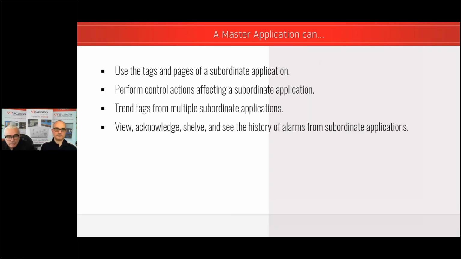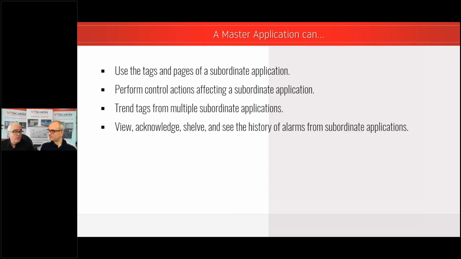So let's get right into it. First of all, a master application can use and has visibility into the tags and pages of a subordinate application. So if you have a master application, it can navigate into the tag structure using our tag browser of the tags in the subordinate application. It can perform some control actions affecting a subordinate application.